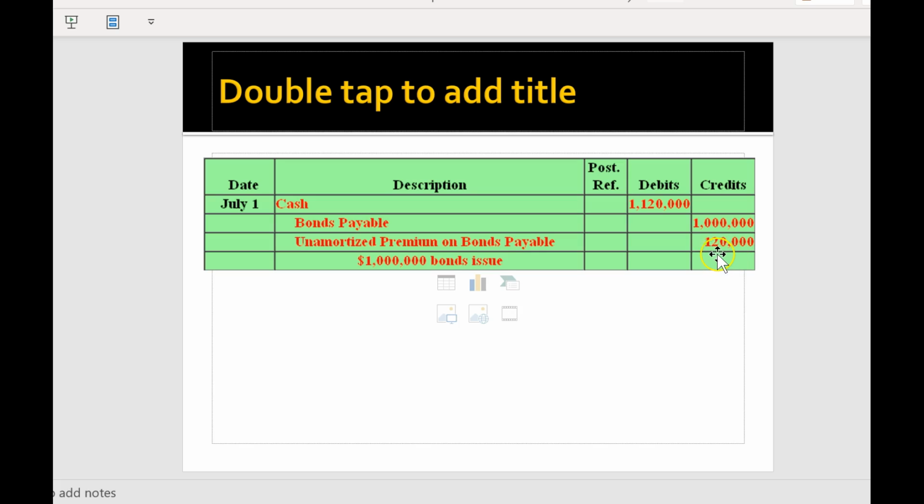That's $1,000. You can see I'm basically writing off this unamortized premium on bonds payable. Every month I'm writing off 1,000, right? So I'm going to write it down here.